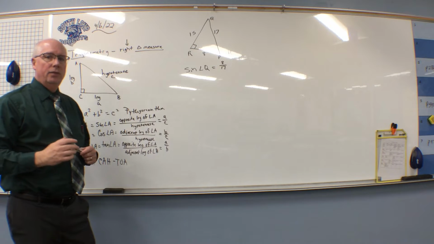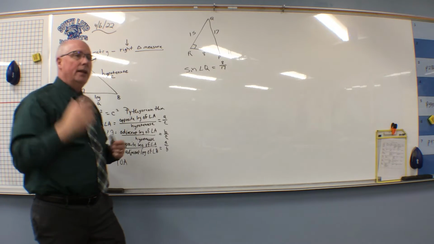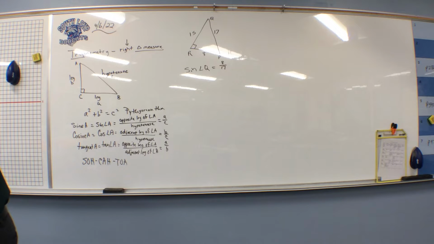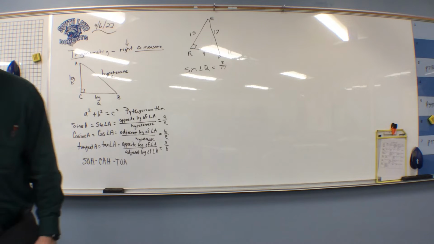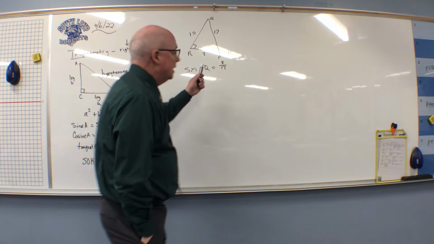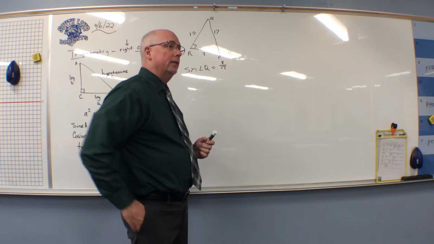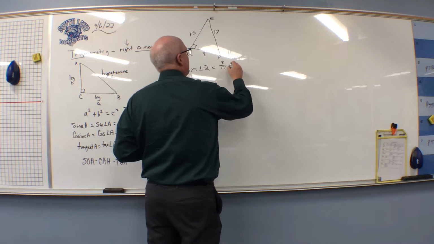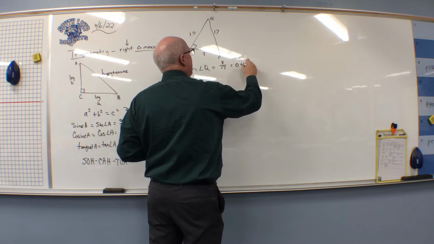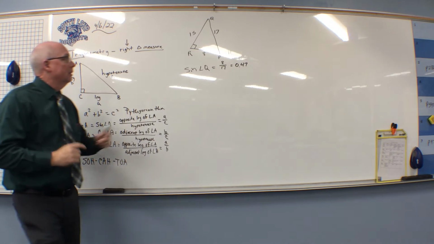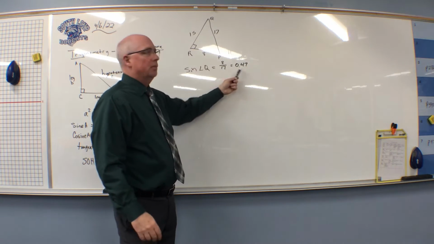Now, if you get a calculator out, because they're going to ask for a decimal in some of the problems, to the nearest hundredth. How do I find a decimal for 8/17 to the nearest hundredth? Divide 8 by 17. And what do you get? 0.47. That means in any right triangle, the sine of that angle with that ratio is 0.47.